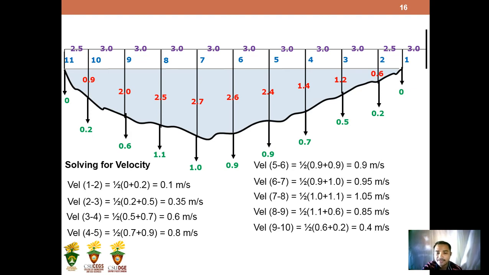In the velocity for interval 9 to 10, we have 0.6 plus 0.2 divided by 2, that is equal to 0.4 meter per second. And lastly, for intervals 10 to 11, we have 1/2 times 0.2 plus 0, that leads to 0.1 meter per second.